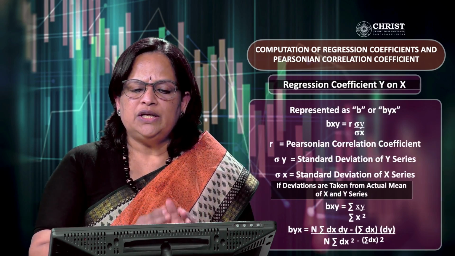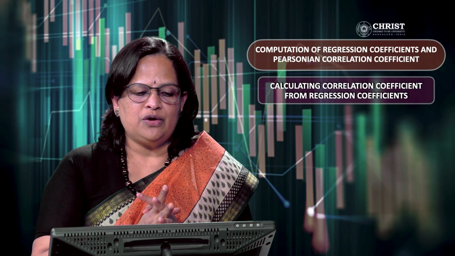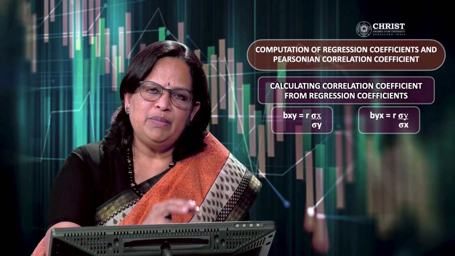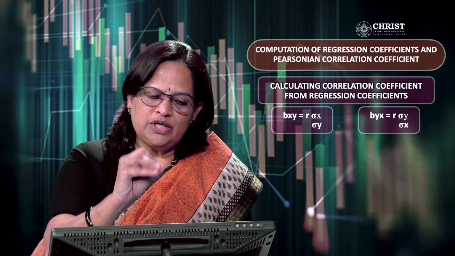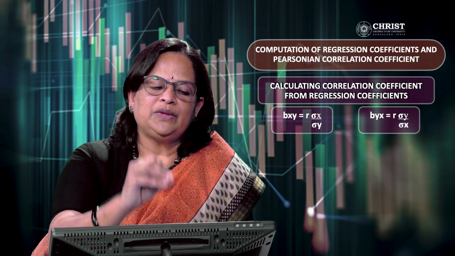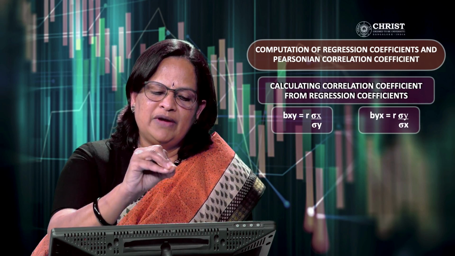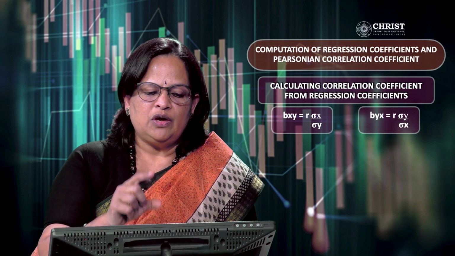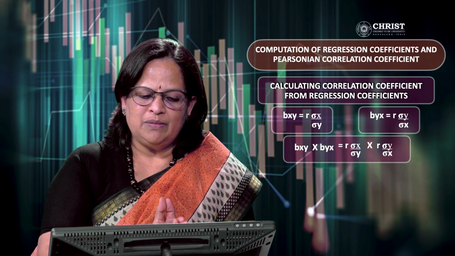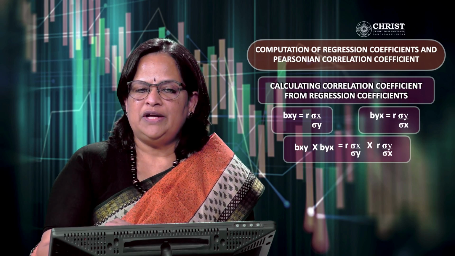Now calculating correlation coefficient from the regression coefficients. So we have two regression coefficients, bxy and byx. That is, equations are r into sigma x divided by sigma y, and next is r into sigma y divided by sigma x. Now we can multiply this, that is r into sigma x divided by sigma y into sigma y divided by sigma x.